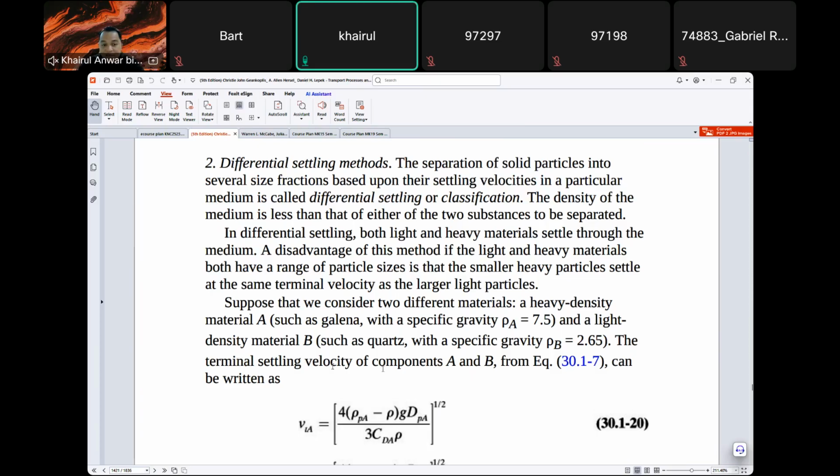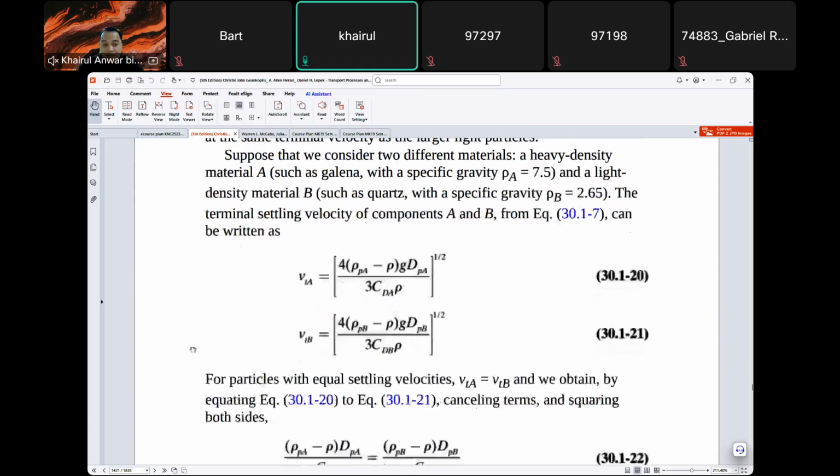The terminal velocity of A and B from equation 30.1-7 can be written as 30.1-20. This is for component A, in this case galena. Component B is quartz or silica.